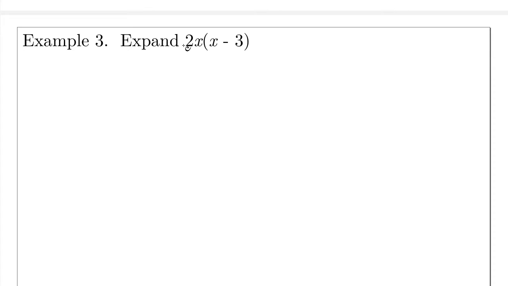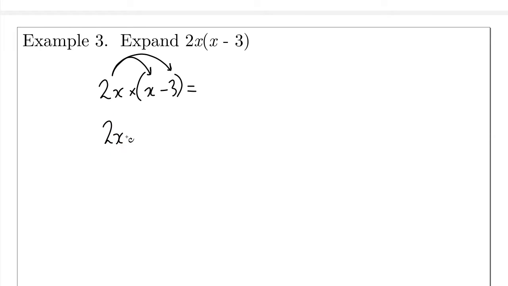Example 3. We have 2x multiplied by a bracket in which we have x minus 3. So we have 2x multiplied by x minus 3. And again, just like the previous 2 examples, we multiply the 2x by every single term inside the bracket. We have 2x loads of x's and 2x loads of minus 3's.